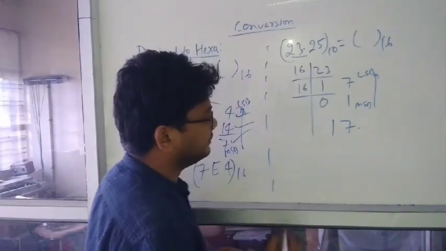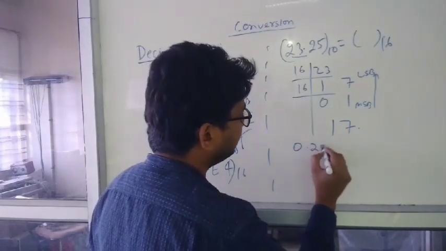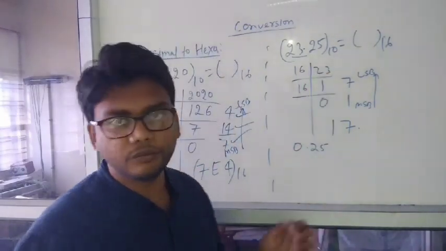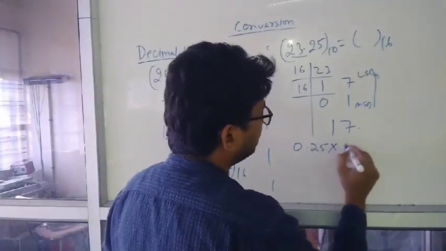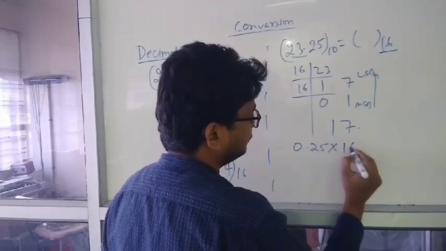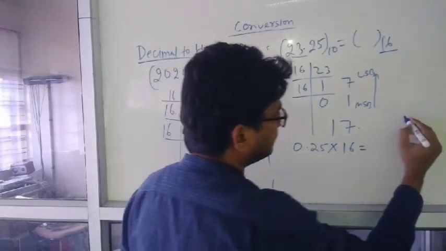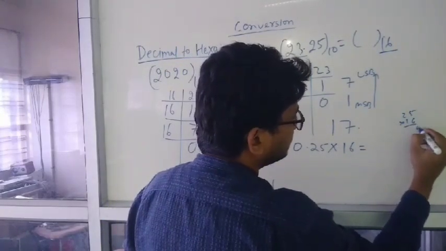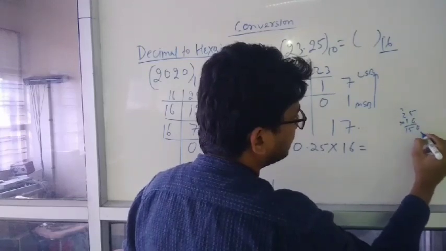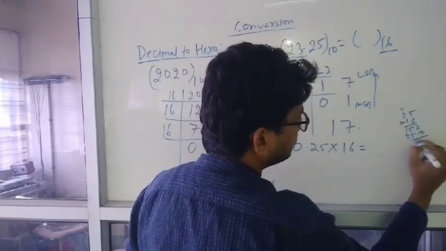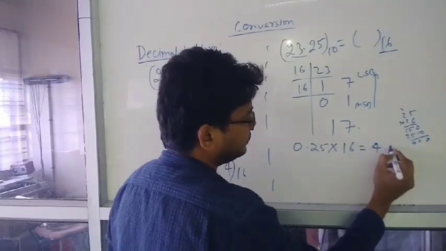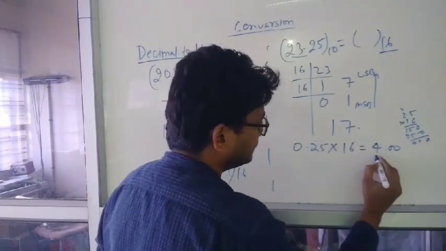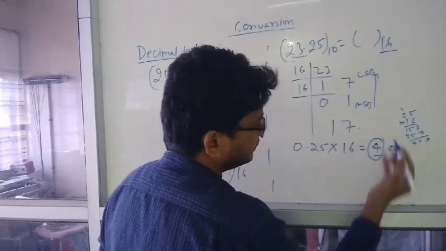Next for 0.25, we have the fraction part, and if we want to convert this decimal data, then we multiply it with radix 16. So when we multiply 0.25 into 16, the answer will be 4.00. It is very easy this time, because we get an integer value.